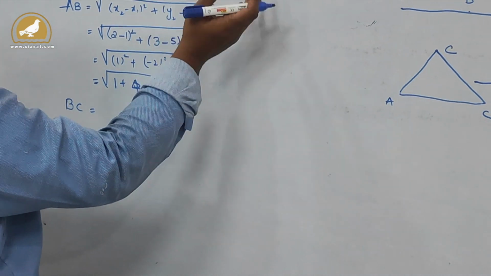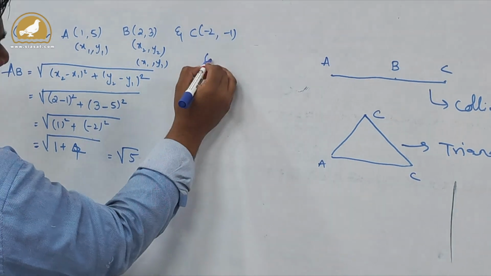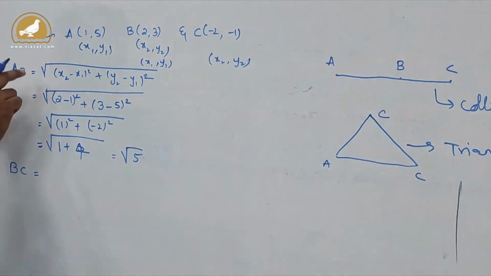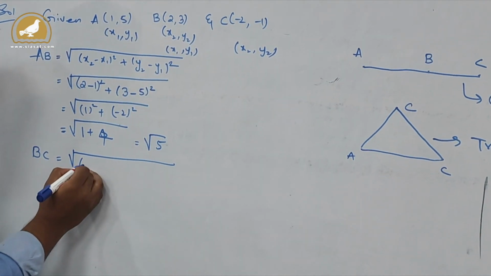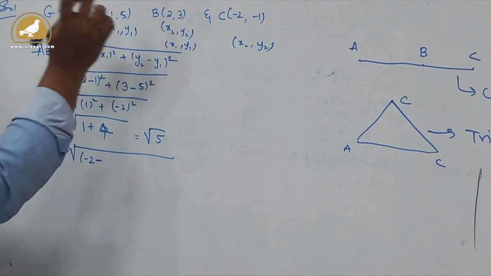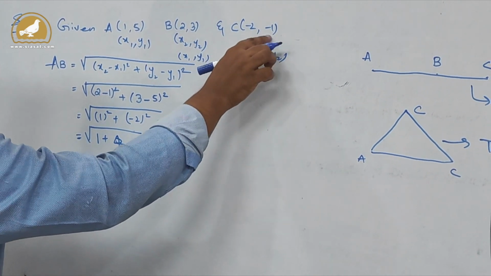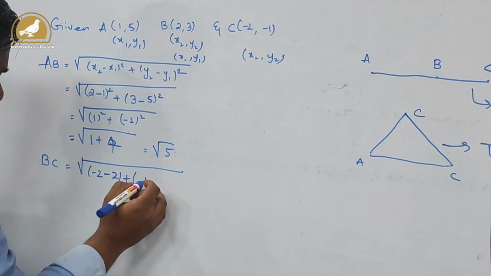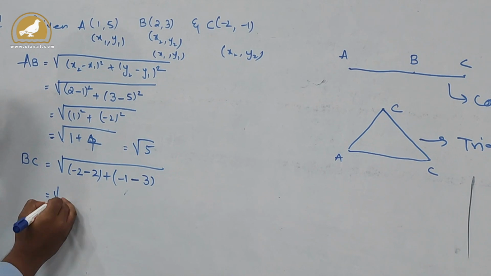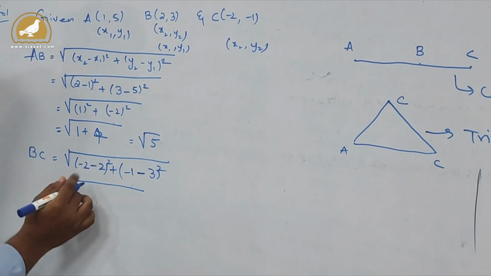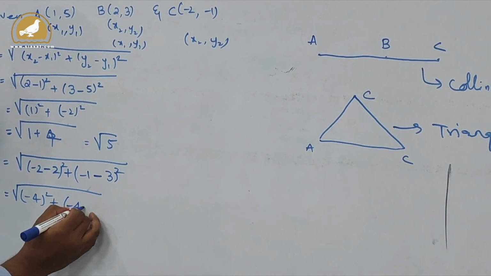Similarly, we will calculate the distance between BC. When calculating the distance between B and C, this will be x1, y1 and this will be x2, y2. Substituting in the same formula, x2 is minus 2, x1 is 2, y2 is minus 1, y1 is 3. So minus 2 minus 2 is minus 4 square, and minus 1 minus 3 is minus 4 square.